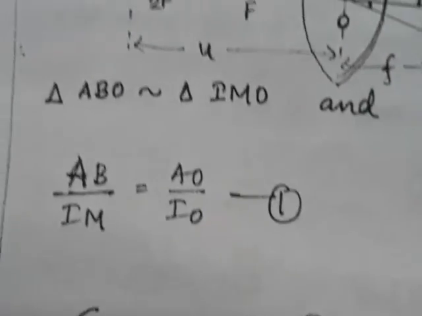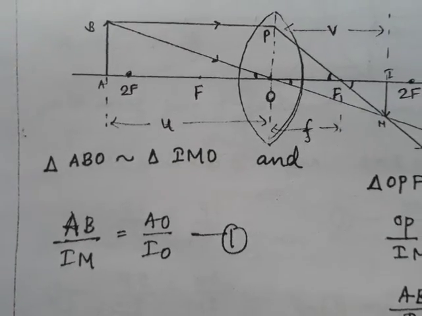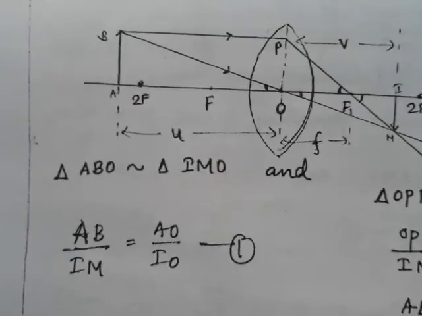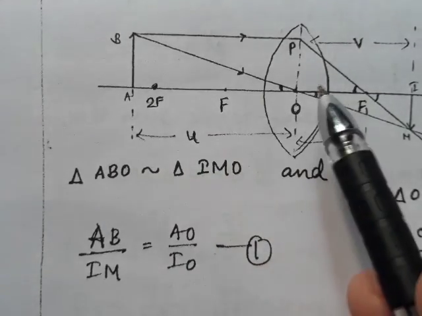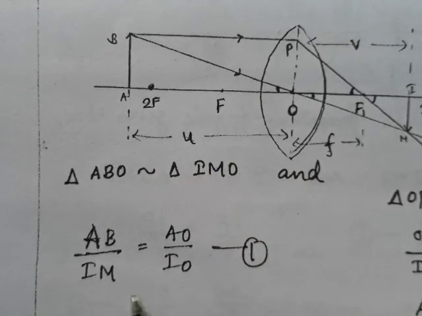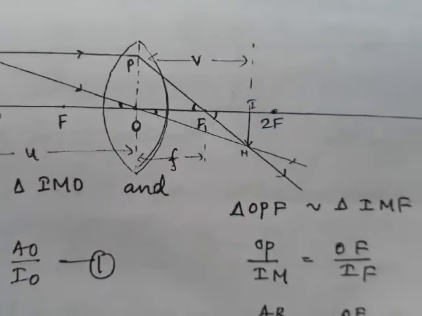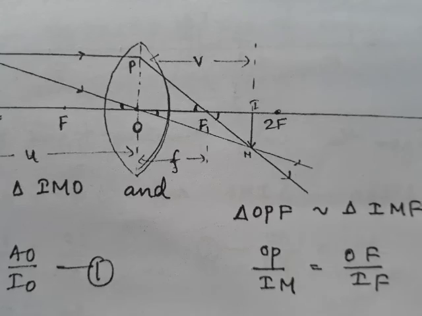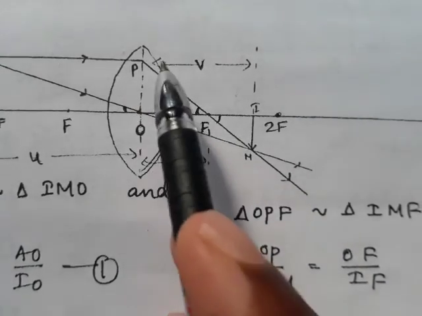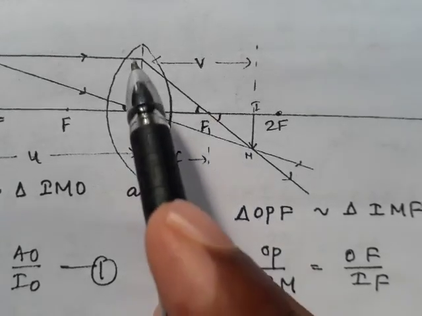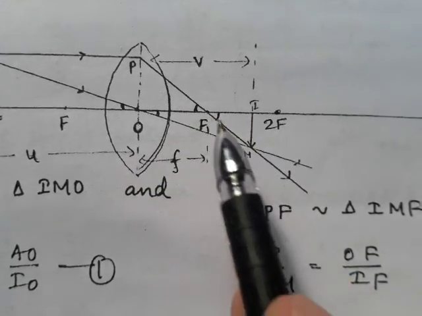So from that I can write, just now we got AB by IM. Look at this again, AB divided by IM is equal to AO by IO. That is what is written here as equation number 1. Similarly, we can have one more similar triangle. Look here, triangle OPF and triangle IMF.